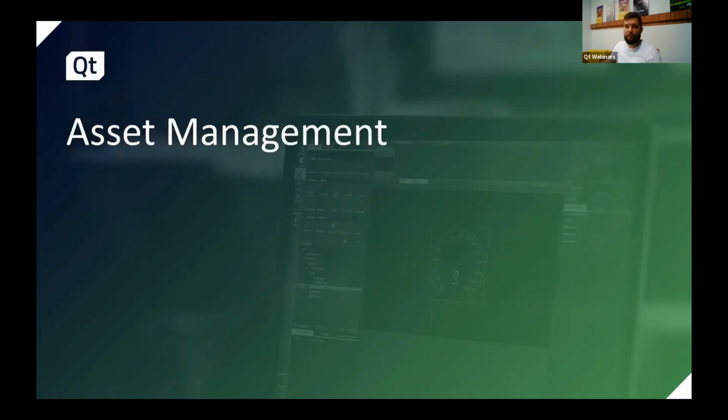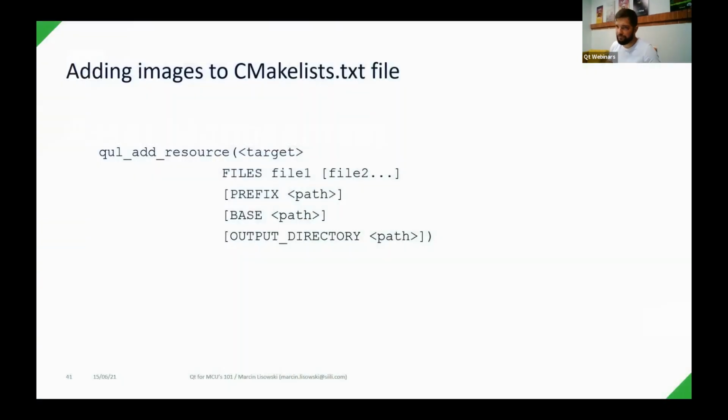So the next topic is the asset management, which will tell us how to add and how to manage resources. So images in our application, how to add those. The first API is QL add resource, the CMake macro, which takes the CMake target and then the list of the files that you would like to add.